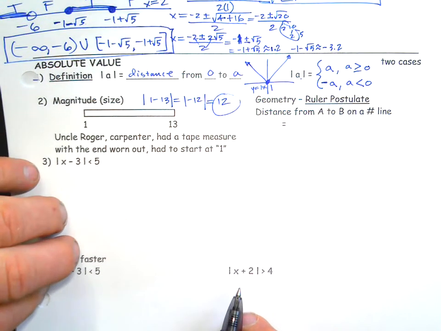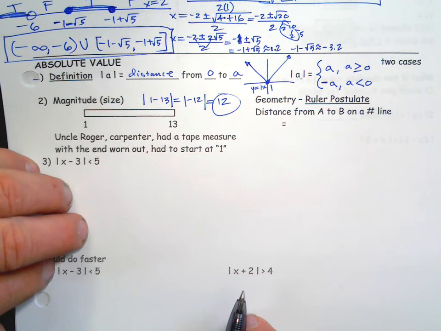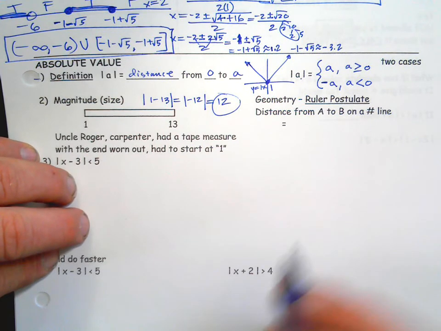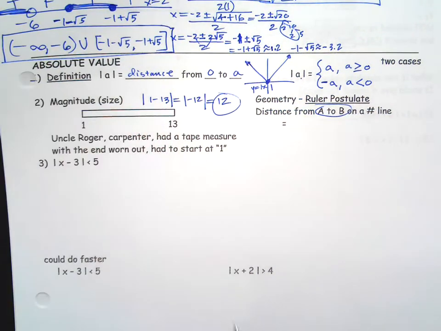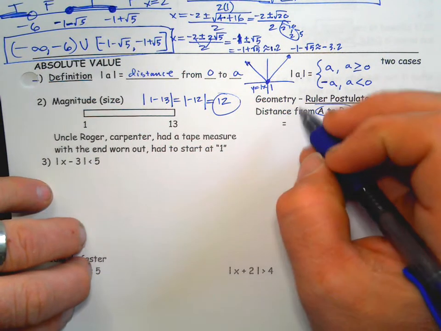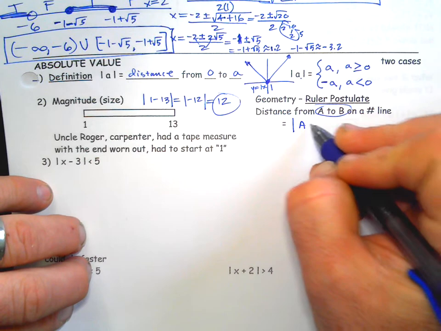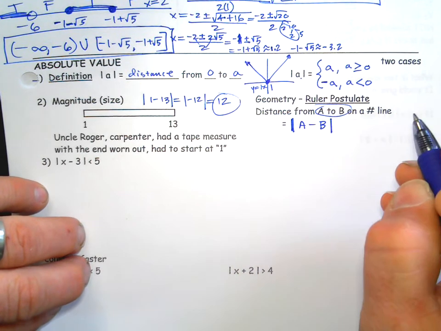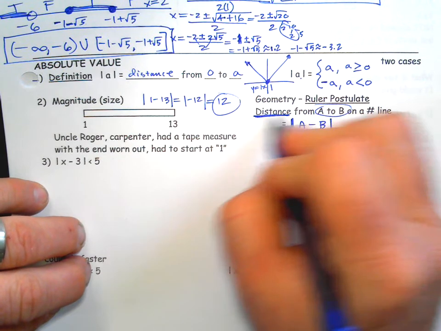Now this idea is what we're using with absolute values. We're asking, what's the distance between two different locations on a number line? It doesn't have to be 0 anymore. And we take the absolute value of the difference of them. By taking the absolute value, it forces it to come out positive every time, which is what distance should always be. It should always be positive.